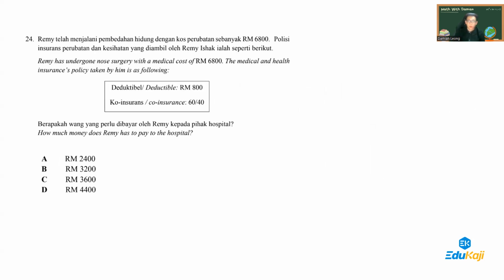Question 24. How much money does Remy have to pay to the hospital? So this is a no-surgery medical cost of 6,800. There's an 800 deductible and co-insurance 60 to 40, means the insurance pays 60%, Remy pays 40%. So we take 6,800 minus the 800 deductible first, 6,000.